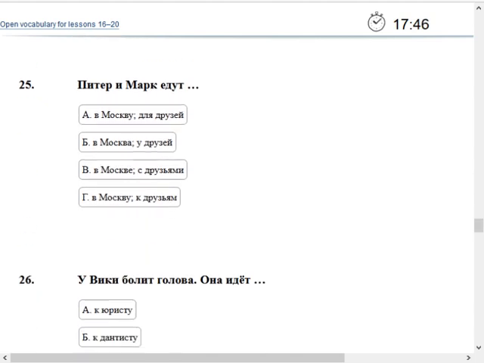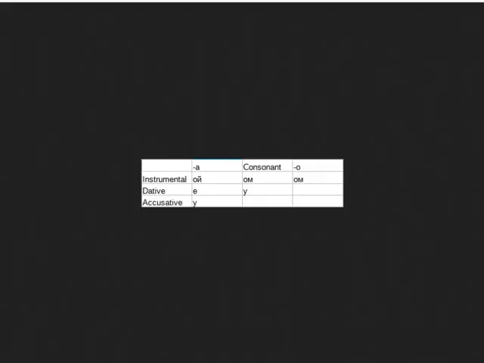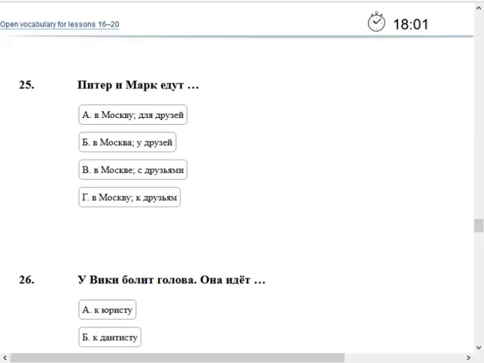Okay, Peter и Mark идут. Peter and Mark, what did they do? They went to Moscow. So Moskva is the nominative form of Moscow. Something dative with an A on the end becomes ye. So it should be Moskvie. Wait, no, sorry. With a K, if they went towards Moscow with a K, it would be Moskvie. But this is v.